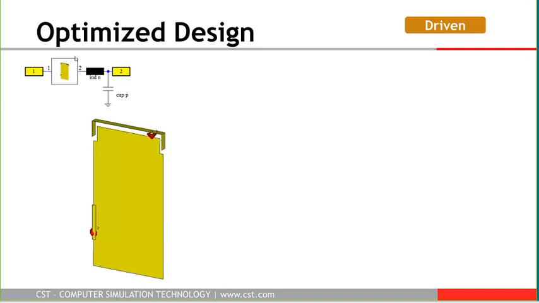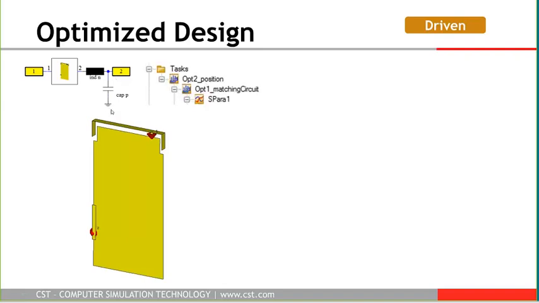And this is done at a circuit level, displayed on the top. And we have a simple matching circuit consisting of inductor and capacitor. We optimize the values of these two elements.